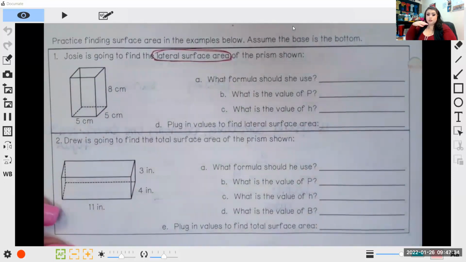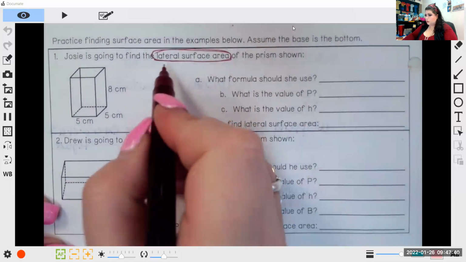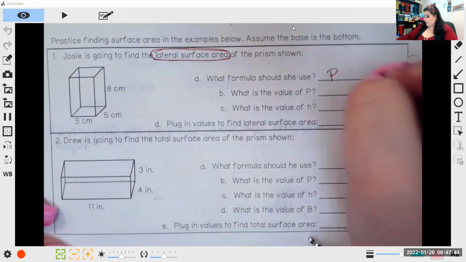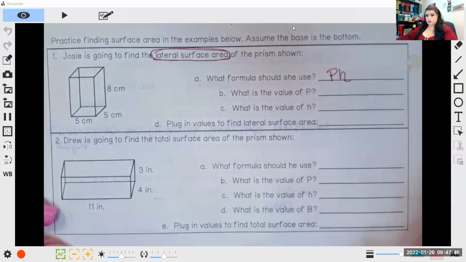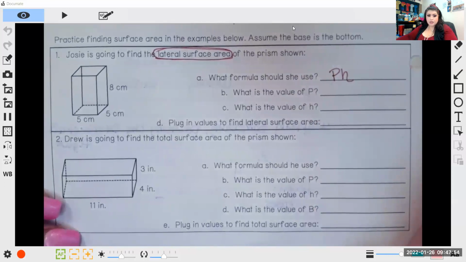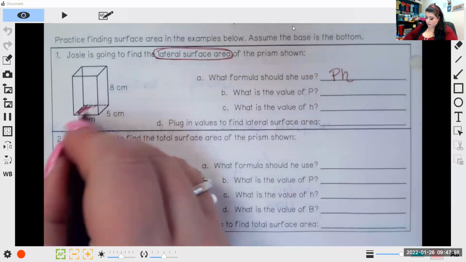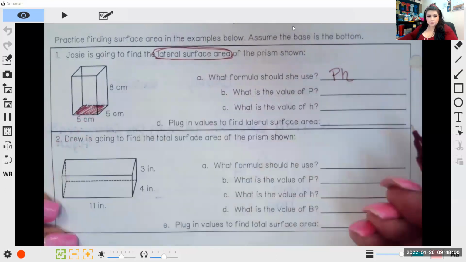So it wants to know what formula she should use. Well, if we're talking about lateral, the formula I'm going to use is P times H, and my perimeter would be of the base.